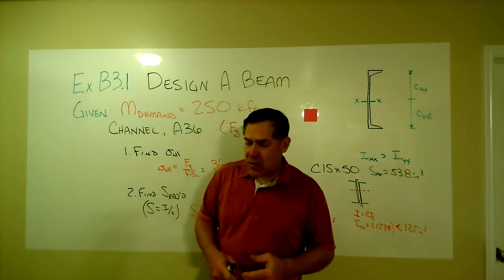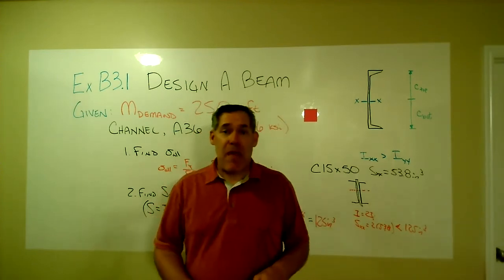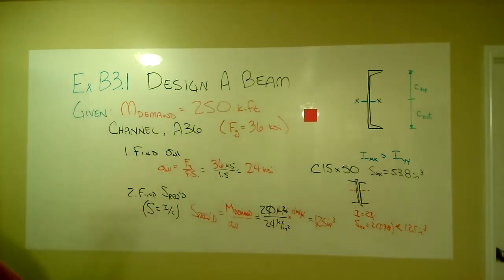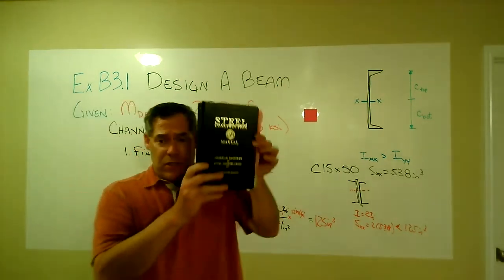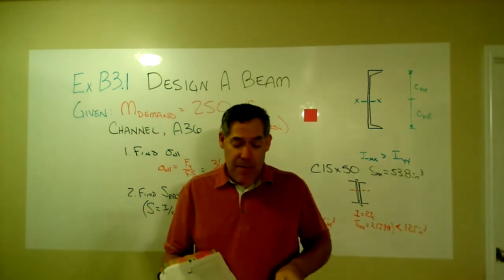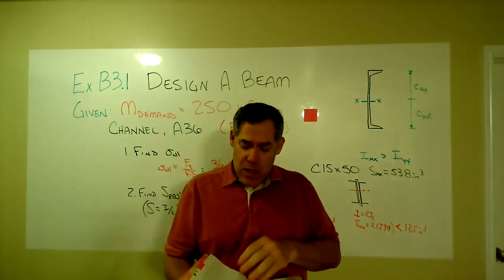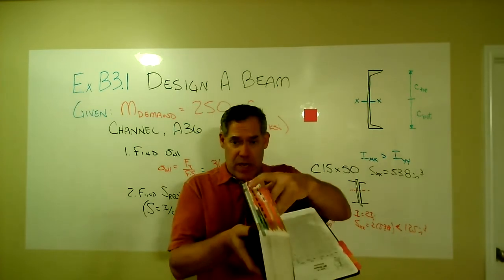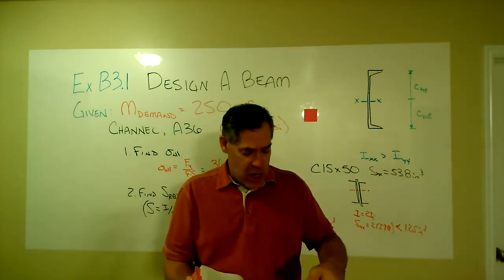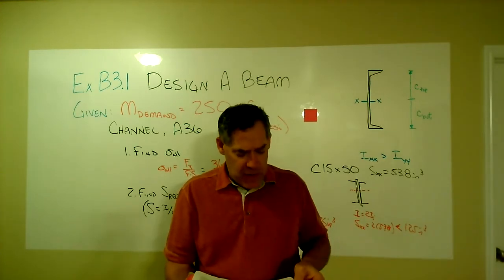Right now, the other thing is, of course, in your textbook, you have maybe a limited set of the full available channels. So let's go to a deeper resource, your steel construction manual, and go to your C tab, right? I've got all these little tabs here for all these different sections, and we could look and see if there's anything more.